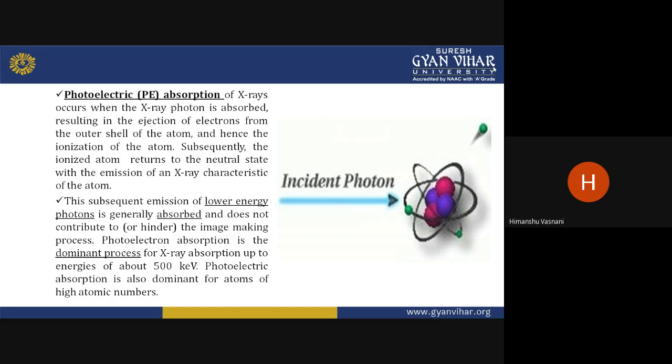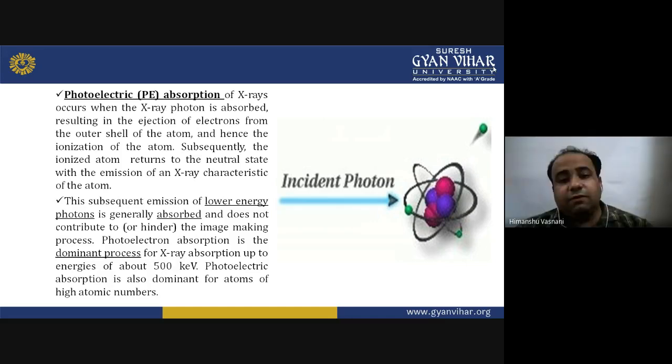Photoelectric absorption is the dominant process for X-ray absorption up to energies of 500 keV. Photoelectric absorption is also dominant for atoms of high atomic numbers. So after understanding this, you know that photoelectric absorption of X-rays is very important.